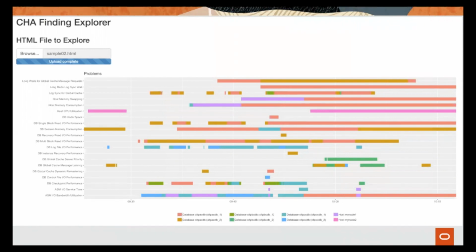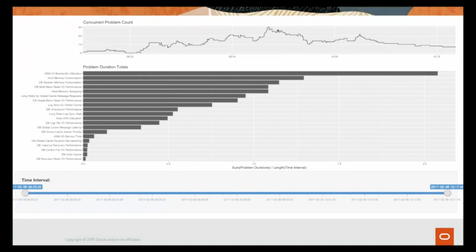Yeah, so CHA Finding Explorer uses the CHACTL query diagnosis command to capture all the events and is able to display them as you see here, and even gives you a tally of the most frequent events across time, and you can see the selectable timeline, as you were mentioning.